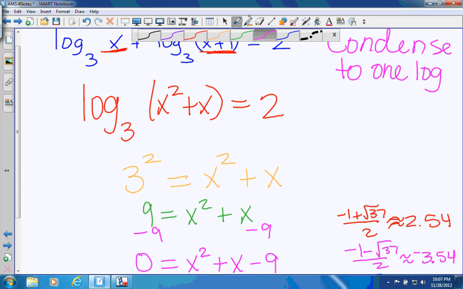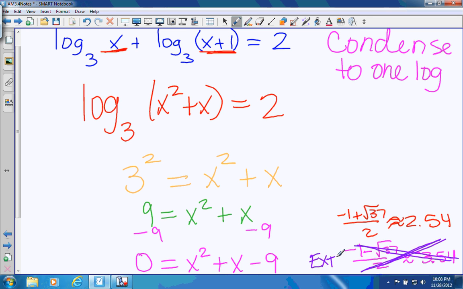If we look at the other one, negative 3.54, if you substitute that in for x, you'd have log base 3 of negative 3.54, which is not greater than 0. So therefore, this solution would be considered extraneous, and we would cross it out. And the only solution that we would have then would be 2.54.